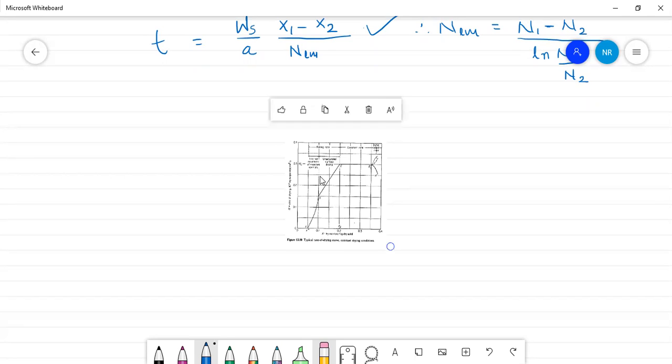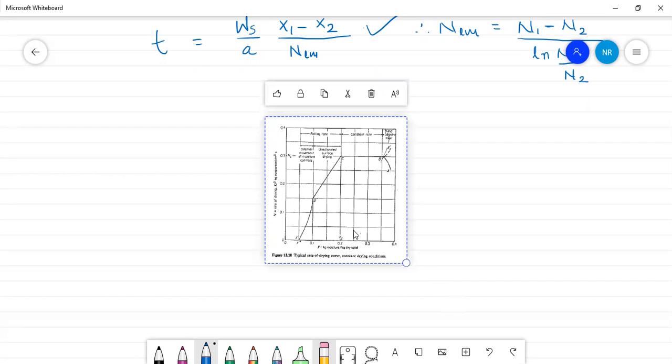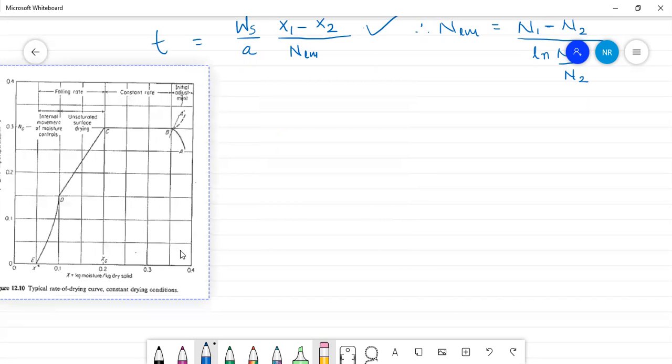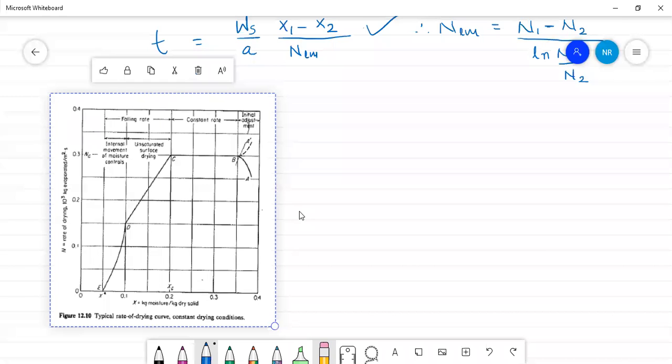This is the graph. Now, based on this, we have to calculate the example.